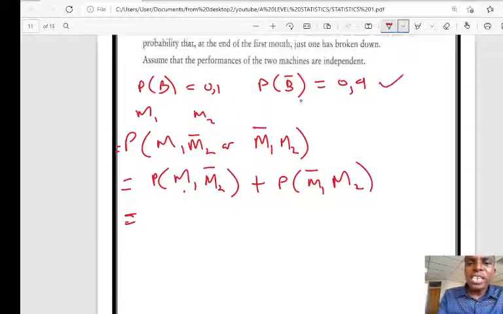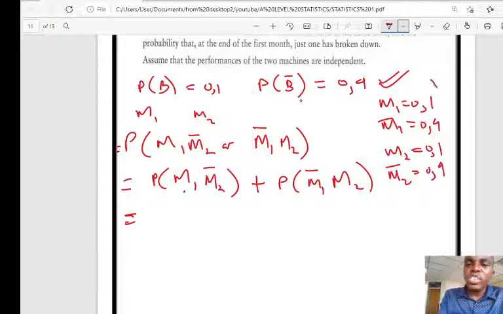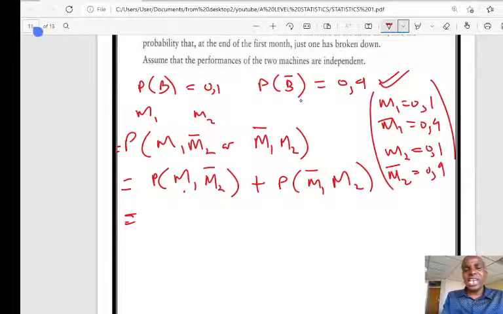The probability of machine 1 breaking down is 0.1, and of not breaking down is 0.9. Likewise for machine 2, 0.1 and 0.9. So it applies to both machines, right?